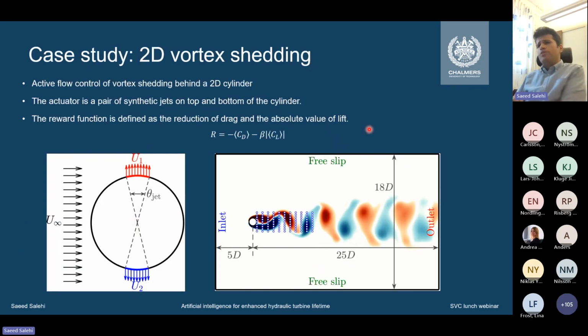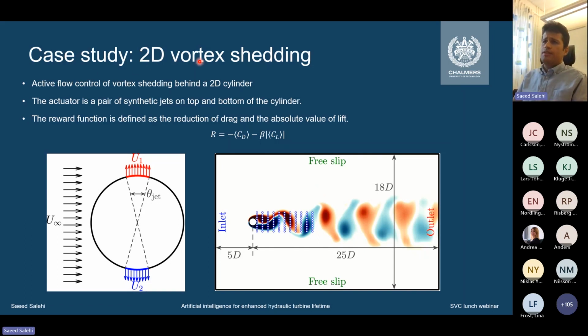So I wanted to test this framework first and look at a very simple two-dimensional case. Of course, one can say that's far from what happens inside hydraulic turbines, but fundamentally, physically, what happens here is actually close to vortex breakdown. So vortex breakdown is kind of the fundamental basis for these kinds of instabilities.